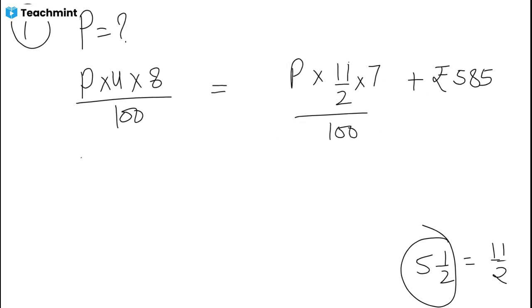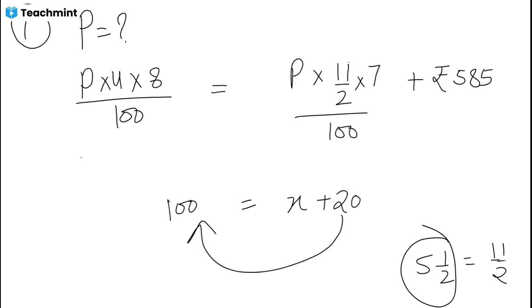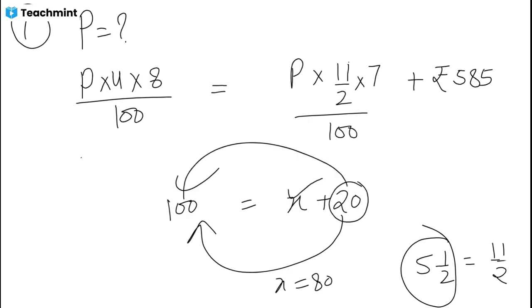For example, if we say that 100 is more than x by 20, then how can we find this unknown value? Just subtract, and x is equal to 80. What it means? 80 is 20 less than 100. Are you getting? Yes, ma'am.